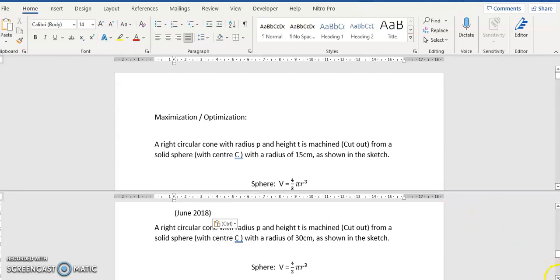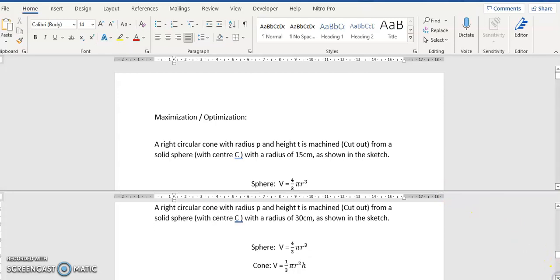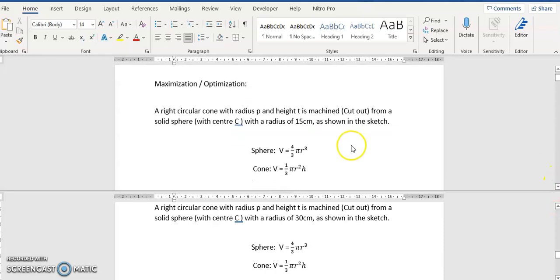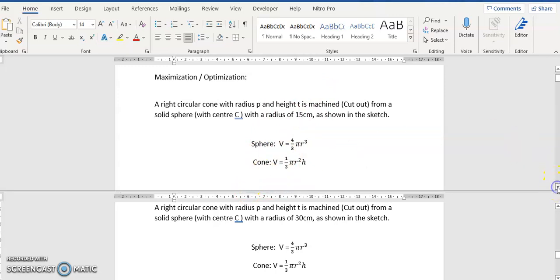Let me just open. So we were given the formula for the sphere and also the formula for the cone. That is the volume for the sphere and also the volume for what? Cone.